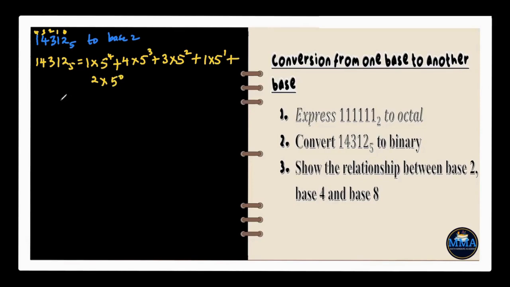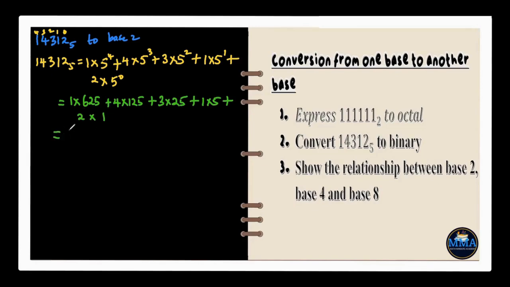So this will result to 1 times 625. We have 4 times 125. We have 3 times 25. We have 1 times 5. And finally, we have 2 times 1.